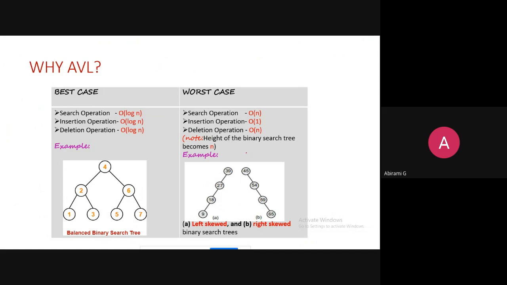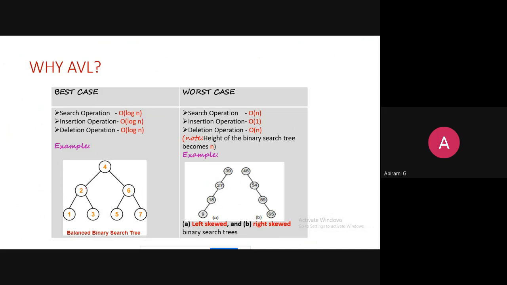If the height is n, the maximum height, then its time complexity is order of n. If it is a left skewed or right skewed binary search tree, its time complexity is order of n for searching and deletion operations.